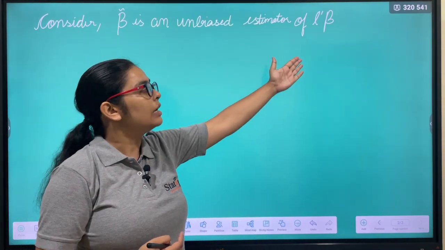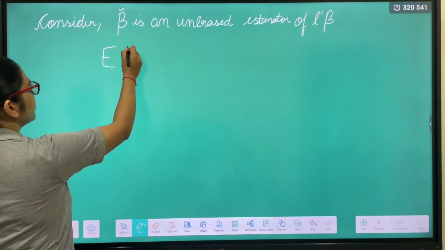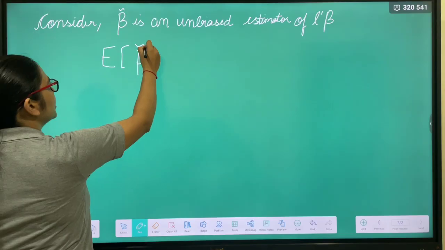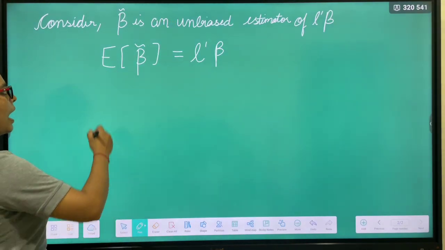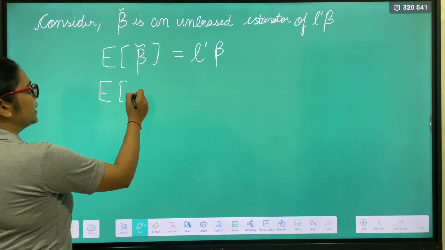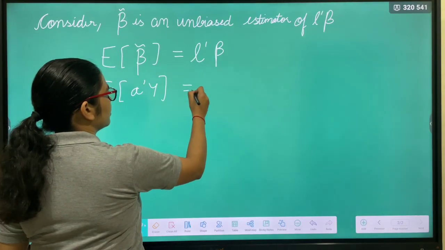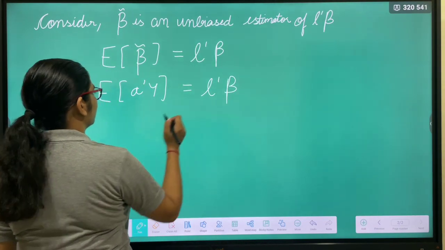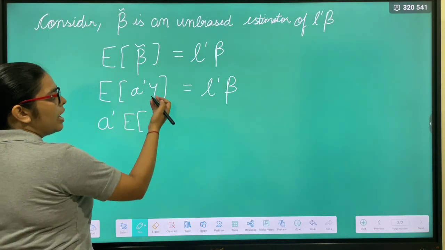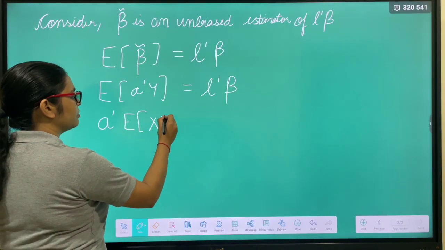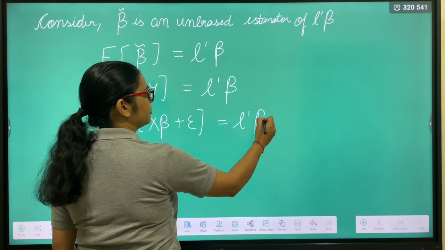So we have taken a linear function of beta, which is L'beta. Now we know that the expectation of beta curl is nothing but L'beta, as we have considered, and we know that the value of beta curl from the previous slide is a'y. Substituting the values here, a' is treated as a constant and comes out of it, and we are left with the expectation of y. Here y can be written as X beta plus epsilon, equal to L'beta.